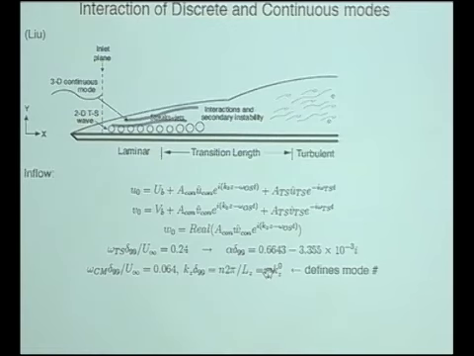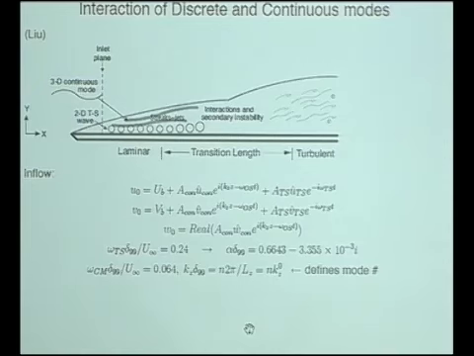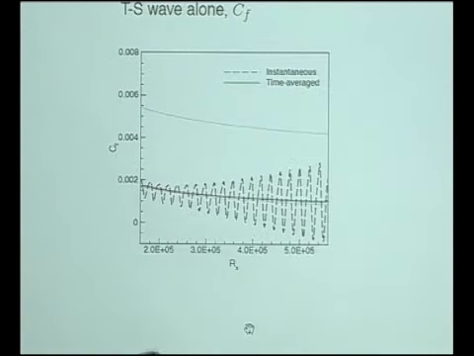Okay, so we're looking at laminar to turbulent transition. Oh, and I should say, the Thome-Schlichting wave is two-dimensional. The continuous mode is three-dimensional. It has a span-wise wavelength which has to fit in our computational box. We saw two types of behavior which are epitomized by modes 2 and 5. The number of waves across the flow will be either 2 or 5.